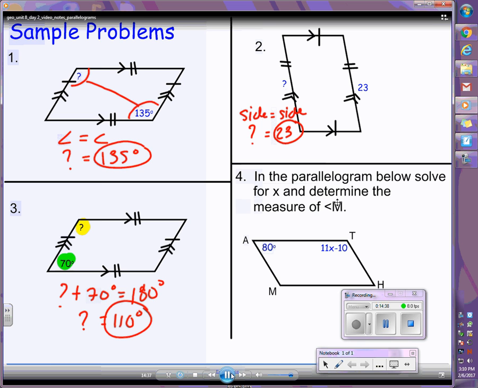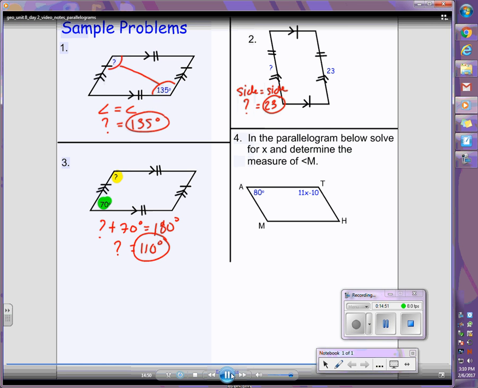Number 4 says, in the parallelogram shown below, solve for x and determine the measure of angle M. I will let you answer those two on your own, but I'll help you set it up. What you should recognize is that angle A and angle T are consecutive.